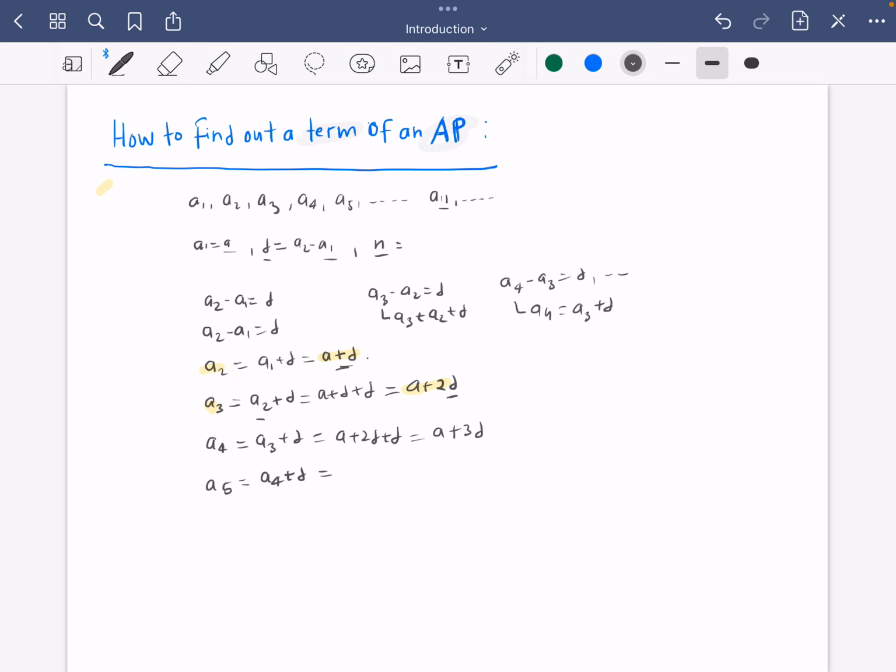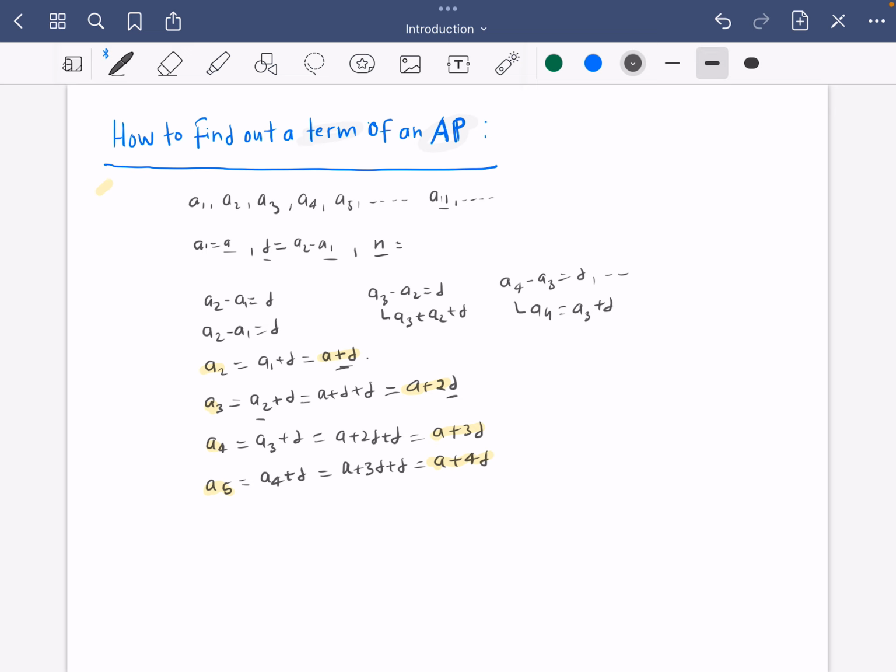So it's going to be A4, you know, from here is A plus 3D. So A plus 3D plus D is going to be A plus 4D. We can do some more, but it's enough to see a pattern here.